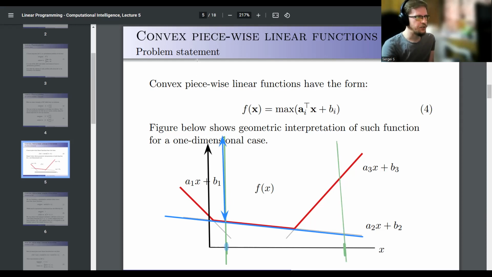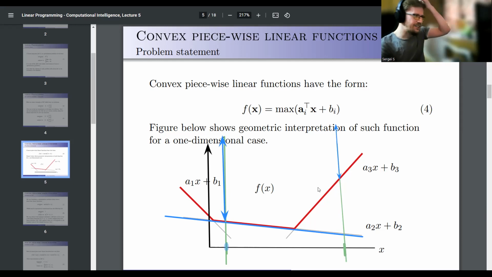So here is what happens. t cannot go lower than this value. Why? Because t has a condition that it is bigger than a3x plus b3. So it can't be below this. It cannot be below this as well, but that is irrelevant because this one is higher at this particular x.